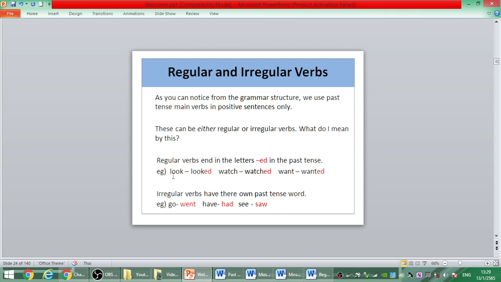So look in the present becomes looked in the past. Watch becomes watched. Want becomes wanted in the past. Irregular verbs have their own past tense word. For example, go in the present becomes went in the past, have becomes had, and see becomes saw.